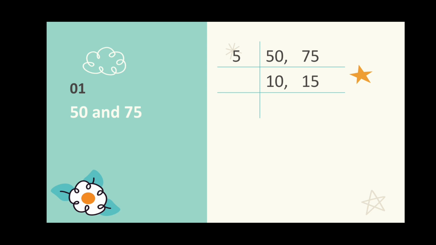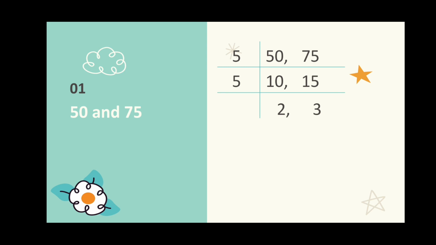Next, may common factor pa ba ang 10 and 15 except 1? Yes, and that number is 5. Okay, so let's divide. Now we have 2 and 3. Ngayon, ang 2 at 3 ba ay may common factor pa except 1? So, wala na.